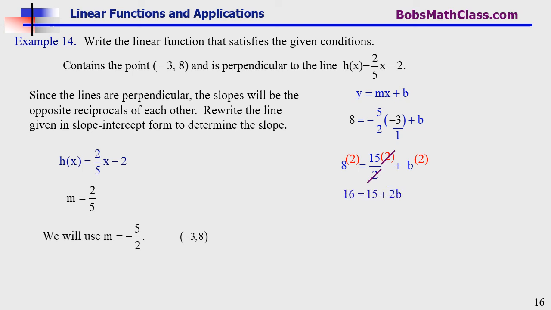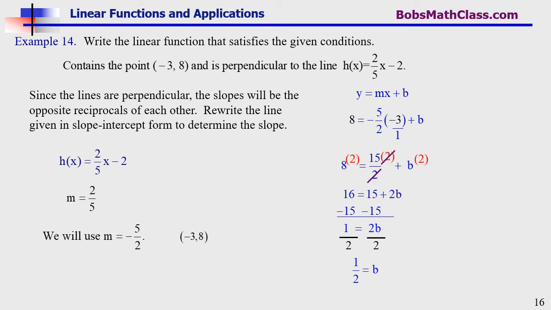So now you have 16 equals 15 plus 2b. Now subtract 15 on both sides and then divide by 2. So 16 minus 15 is 1, and now divide by 2. So b is equal to 1/2.